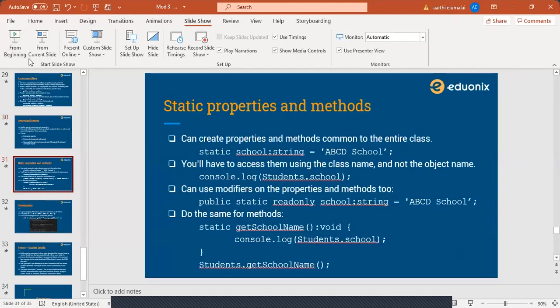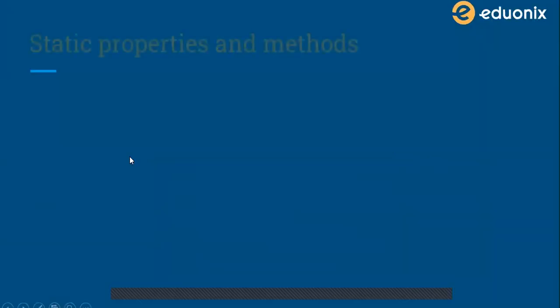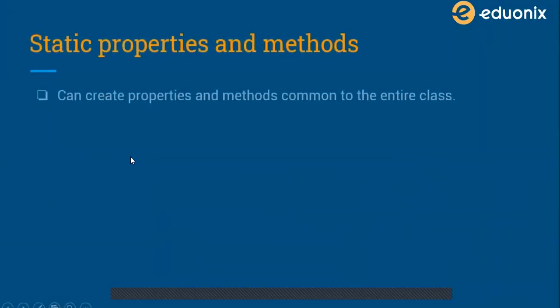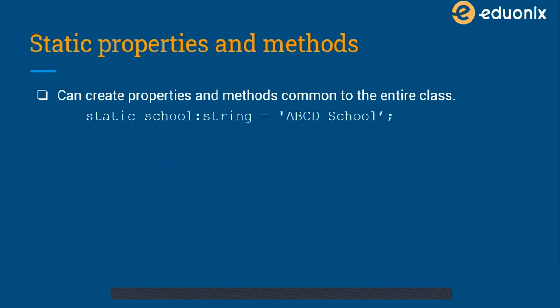Before we look at the example of getters and setters, let's look at static properties as well. So far all of our properties and methods have been for that particular object instance that you create for your class. But with static properties, you can create properties and methods that are common to the entire class.